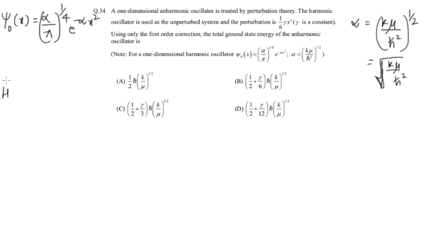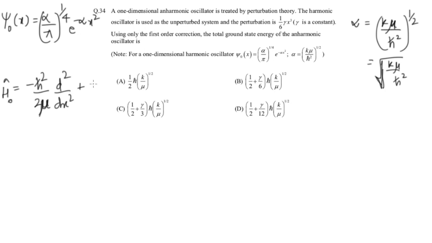We have minus h cross square by 2 mu d2 by dx square. This is nothing but your kinetic energy operator, and instead of mass I have put mu, because mu is the reduced mass, and over here also they are using reduced mass. So don't worry, it's the same as your kinetic energy operator.